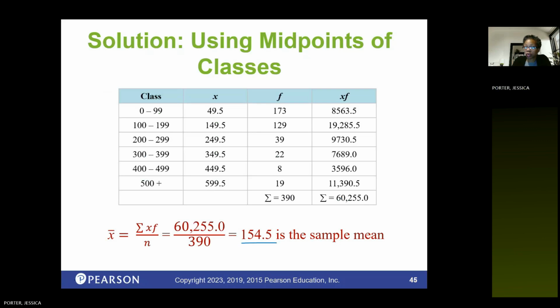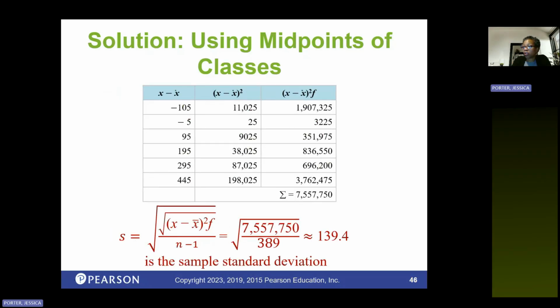Then we go through, and for each class, we're going to take their deviation and then square that deviation and then multiply that times the frequency and get the summation of that, which is 7,557,750.